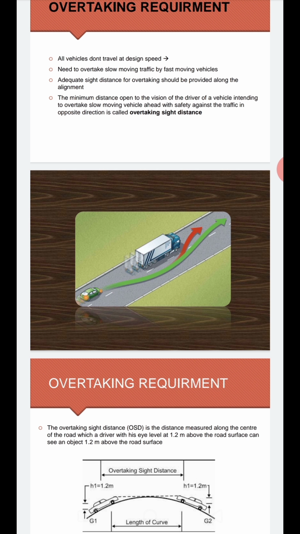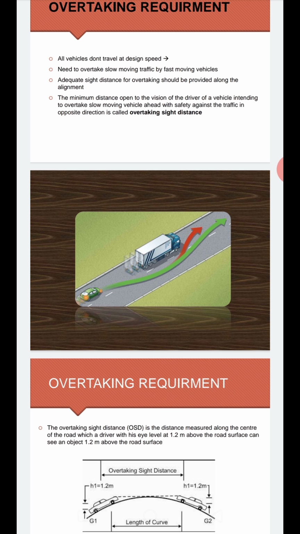Now the requirement: it is the distance measured along the center line of a road, which a driver with his eye level at 1.2 meters above the road surface can see the top of an object or the opposite coming vehicle 1.2 meters above the road surface, especially on a summit curve, which you can see in the diagram.